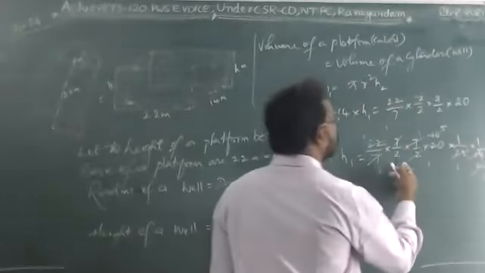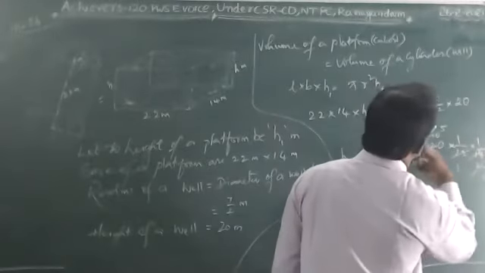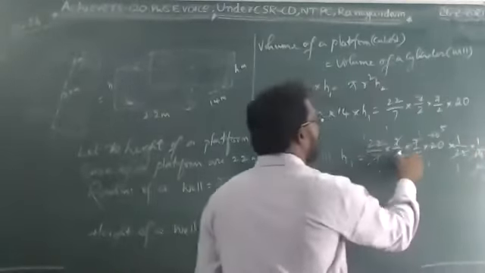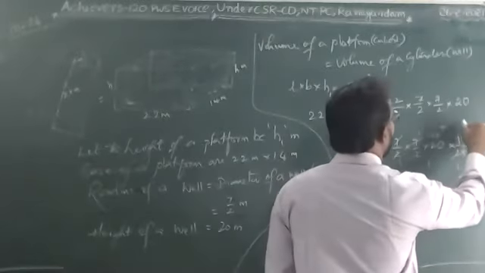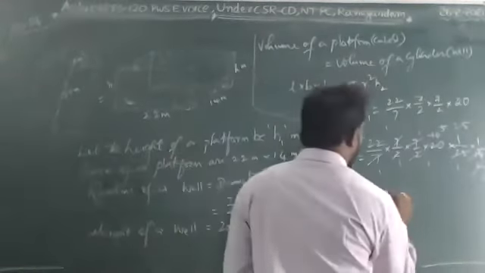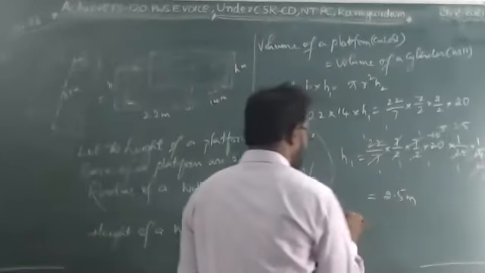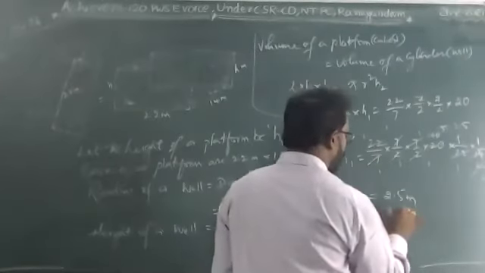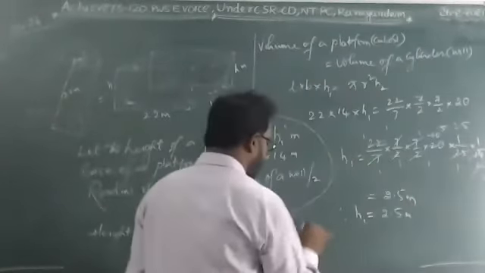And how much is left? 5 by 2. 2.5 is a half, so that is 2.5 meters. Therefore, H1 is equal to 2.5 meters.